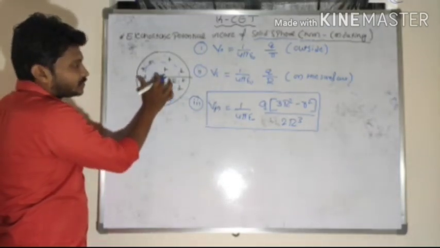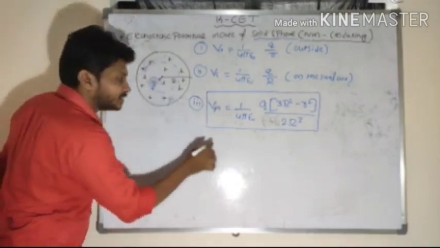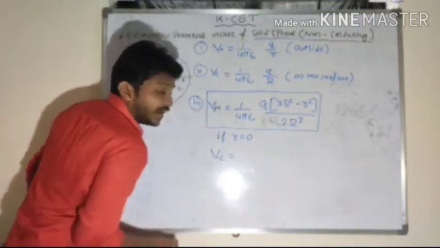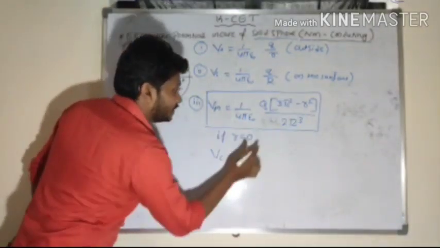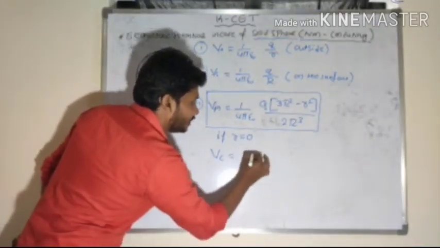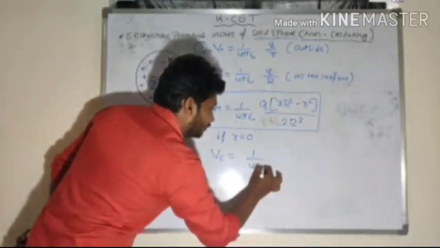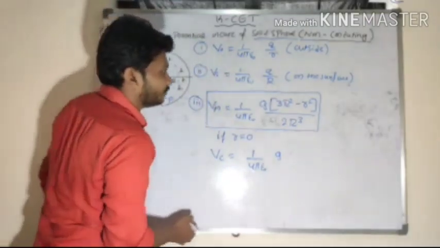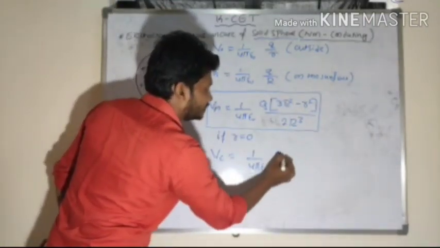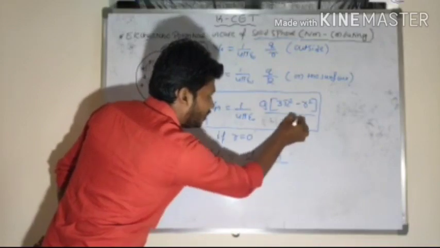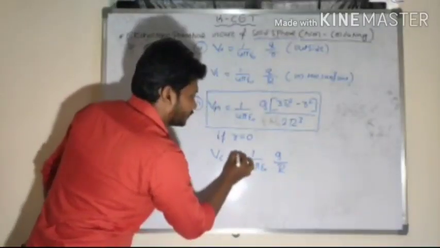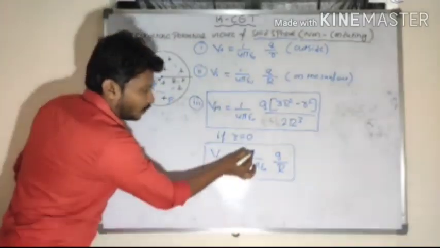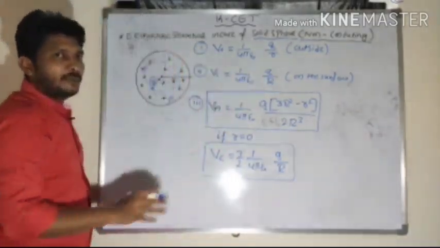If r is 0, what about the equation you will get? 1 by 4 pi epsilon naught Q into, this is R square, this is R cube, so it will get cancelled out. One R term is there. So shall I write this equation in this fashion? 3 by 2, 1 by 4 pi epsilon naught Q by R here.